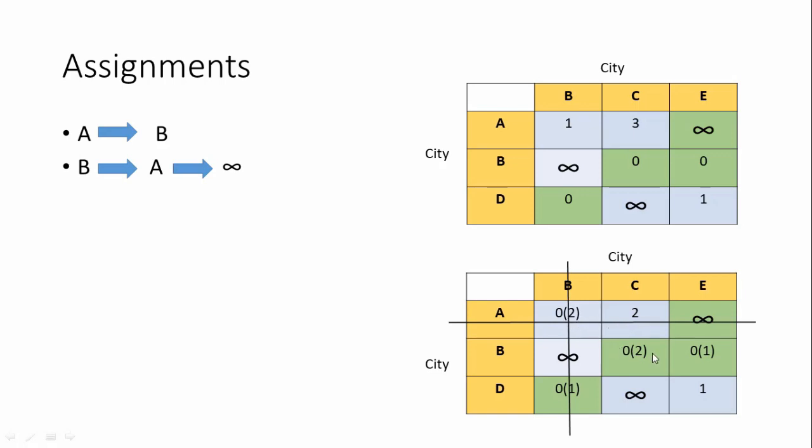Once we calculate all the penalties, we see that the highest penalty is 2. Therefore, we make an assignment, that is the traveling salesman travels from Ahmedabad to Bombay, that is A to B. A to B is made, and from B, that is Bombay, to Ahmedabad, he cannot travel back. Therefore, the cost is marked as infinity.